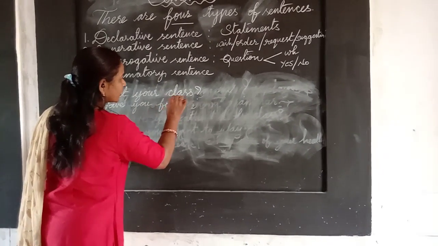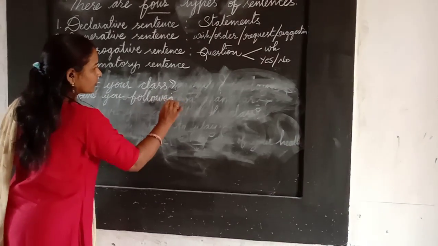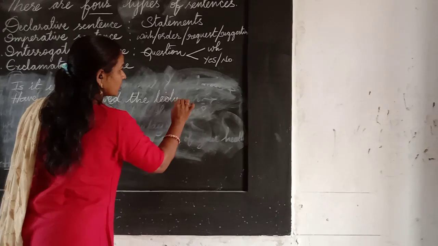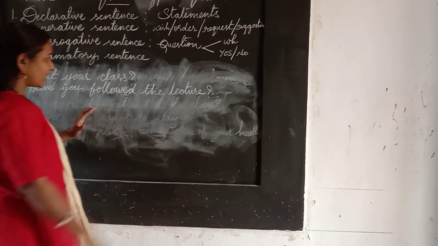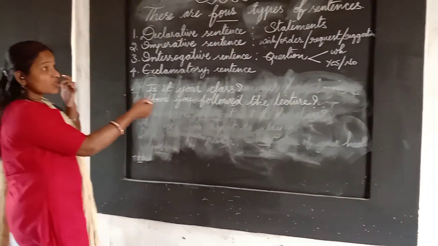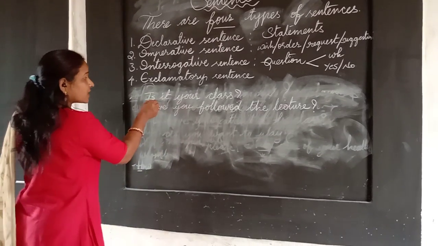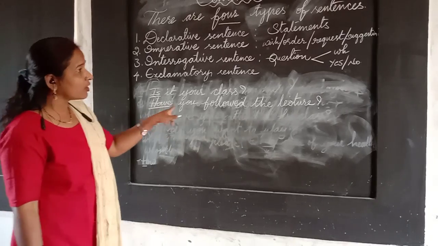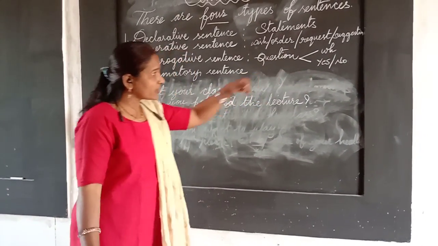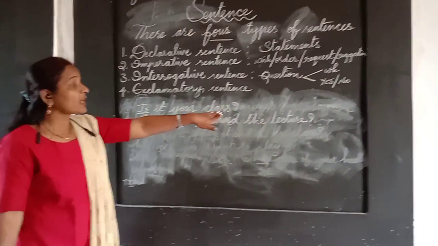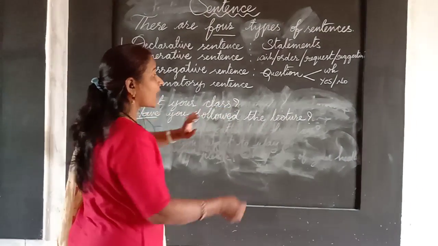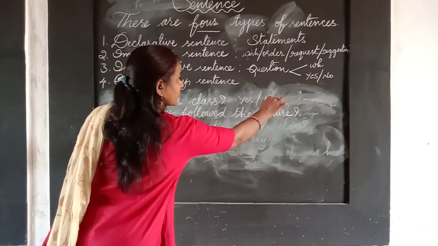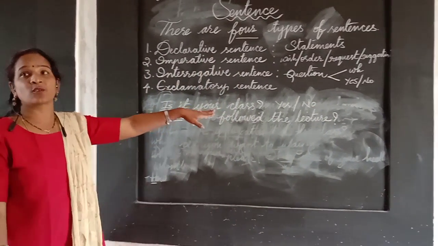Have you followed the lecture? Now, these are all auxiliary verbs, and when we begin a sentence with a helping verb, we call it a yes or no question, because when I answer this question, your answer is either yes or no.